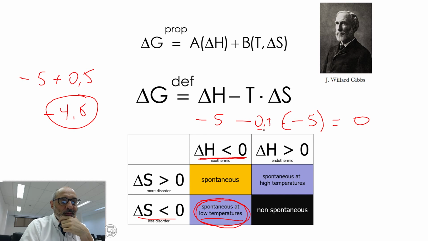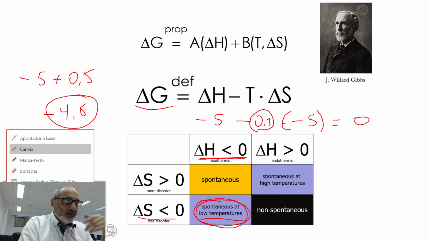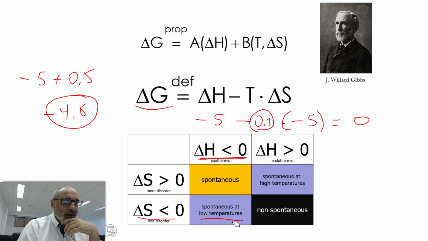When the temperature decreases, this variable becomes more negative, so more spontaneous. We can do this for all situations here, and we conclude that this is a correct definition for measuring the spontaneity of a process.